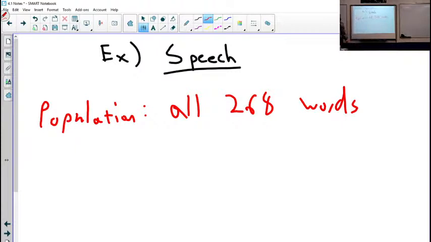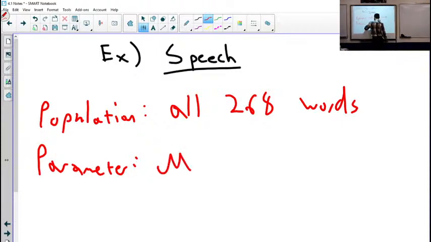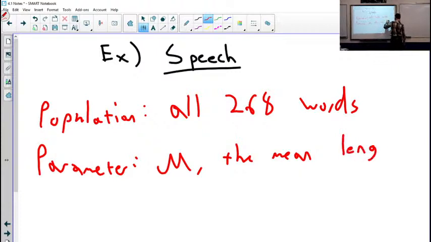So the parameter in that case that we were trying to measure and estimate with our sample, we're going to use mu, the mean length of words in the speech.